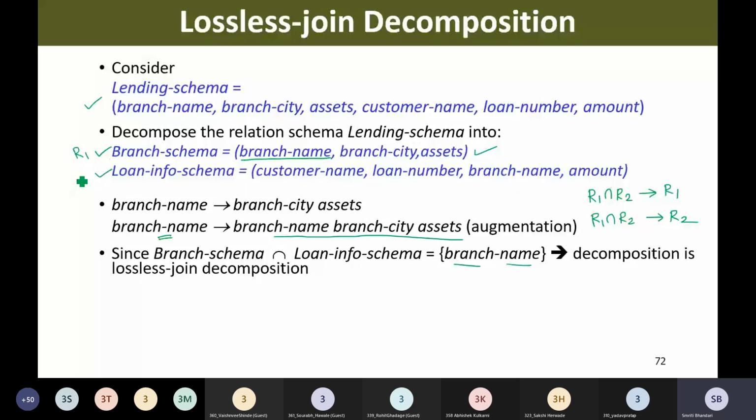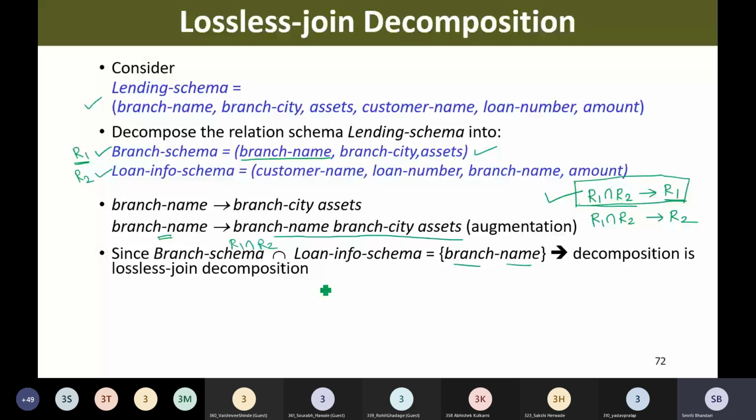And what we find is that branch name is determining R1, the branch schema. So in this example, R1 intersection R2 is determining R1. So this condition is satisfied.